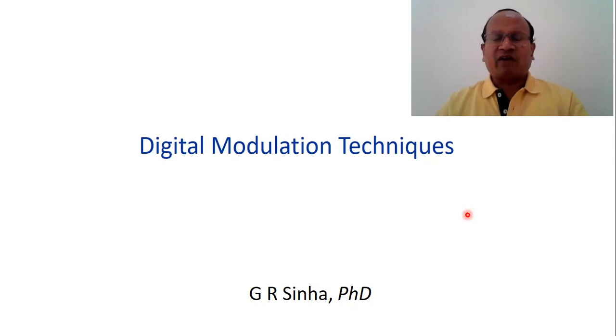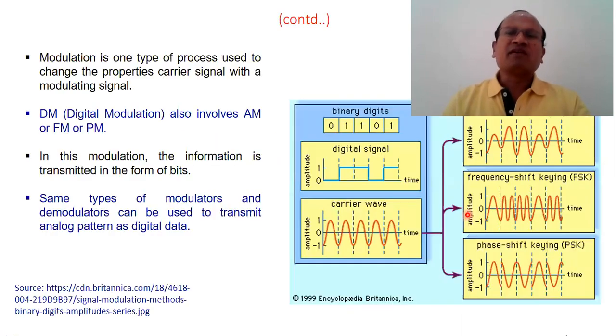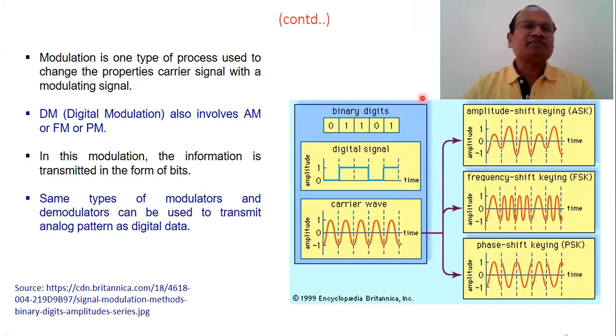So there will be different formats, but whatever the data format is, when ones and zeros change, accordingly there will be a change in one of the attributes of the carrier, as we have seen in amplitude, frequency, and phase modulation. So let's start the digital modulation techniques discussion.